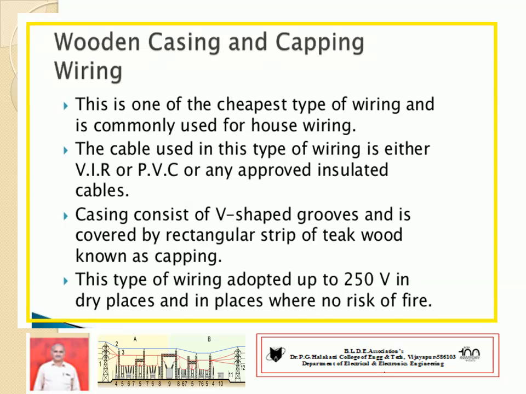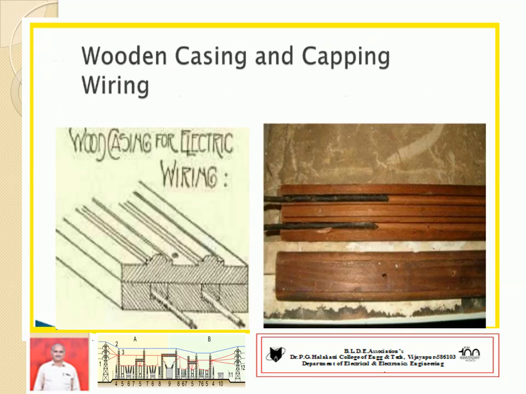First the casing is placed along the surfaces of the walls. Inside there is a space for accommodation of the wires. After placing the wires, we have to fix the capping. Observe this diagram.